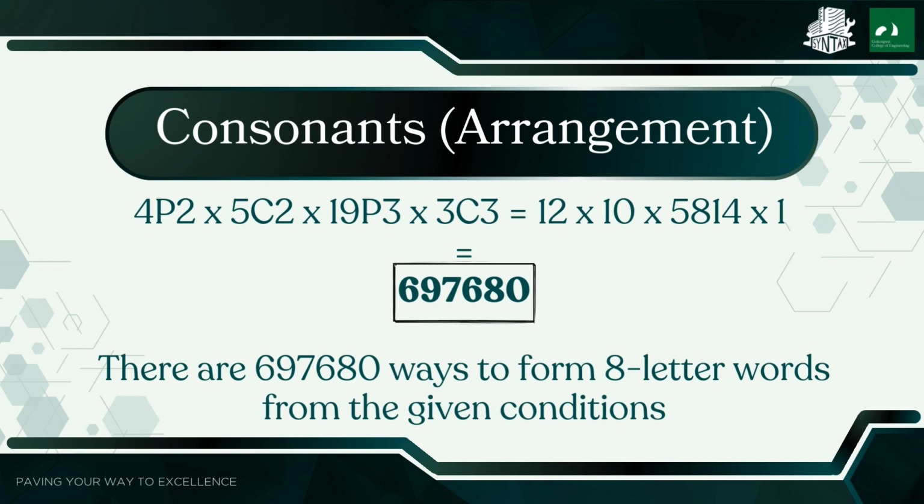But as said earlier, this is just equal to 1, so we may omit this factor, which is just equal to 12 times 10 times 5,814, which is also equal to 697,680. Therefore, there are 697,680 ways to form 8-letter words given the initial conditions.